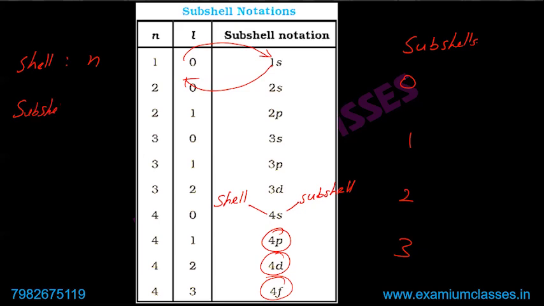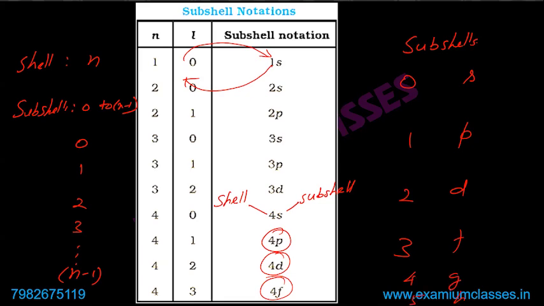Means 0, 1, 2, 3 up to n minus 1. These subshells 0, 1, 2, 3, etc. have been assigned some letters: s, p, d, f, g, h, like that. So these are nothing but the subshells.